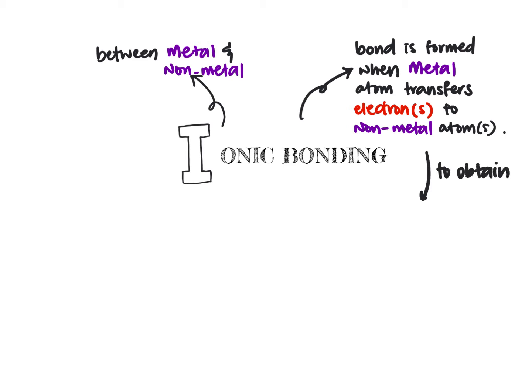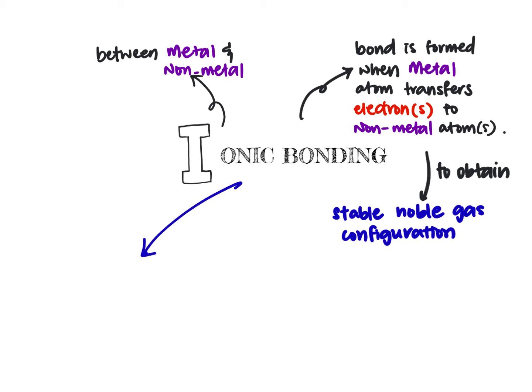The reason why this transfer of electrons is occurring is because the atoms want to become stable noble gas, so to have a stable noble gas configuration. Before, they were actually reactive because they have the extra electrons. Then after transferring of the electrons, it becomes stable.